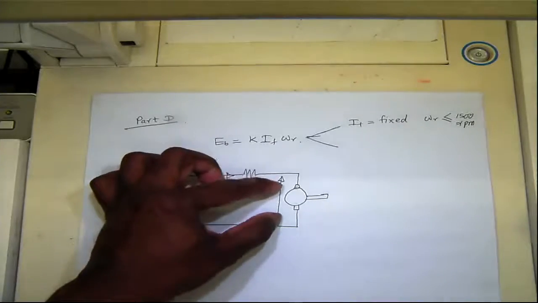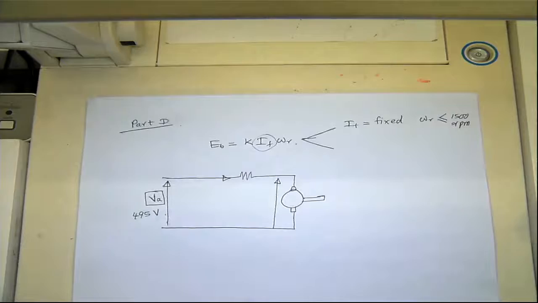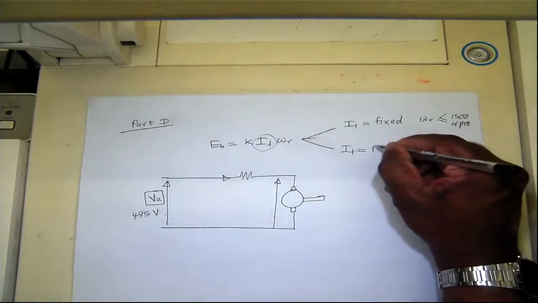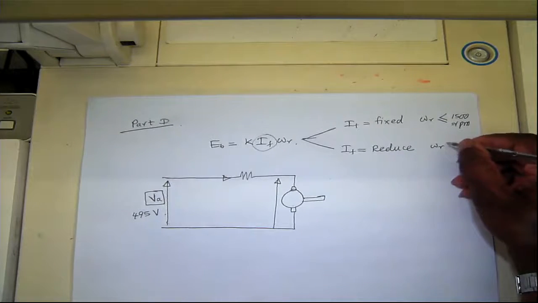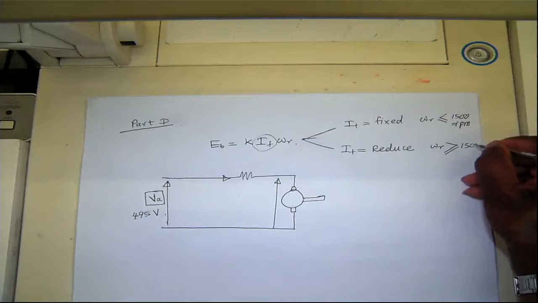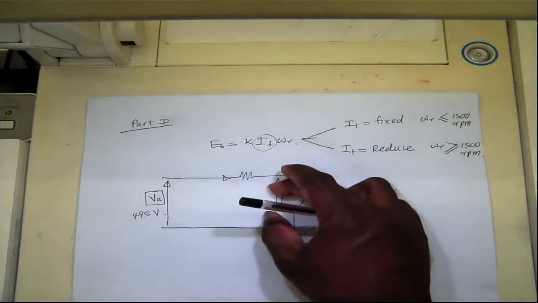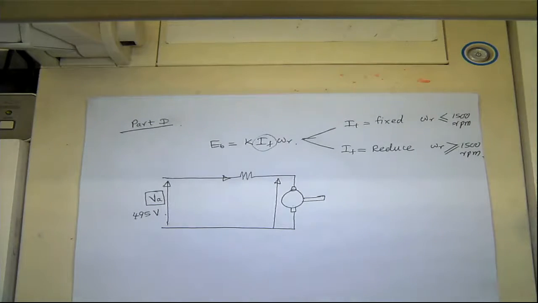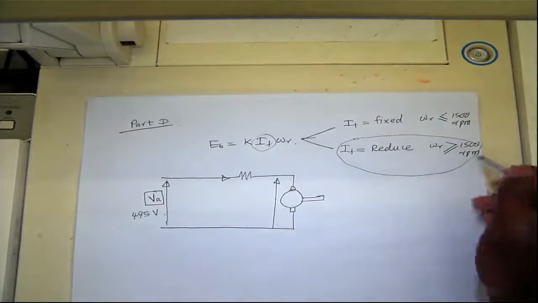So we drop this voltage by reducing IF. You gradually decrease IF as omega R goes above 1500 RPM. Then you have a smaller voltage here, and with the available voltage, you can supply the required current to produce the torque at that particular speed. So this mode is called field weakening.